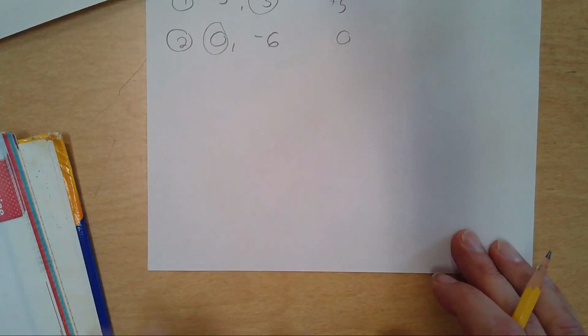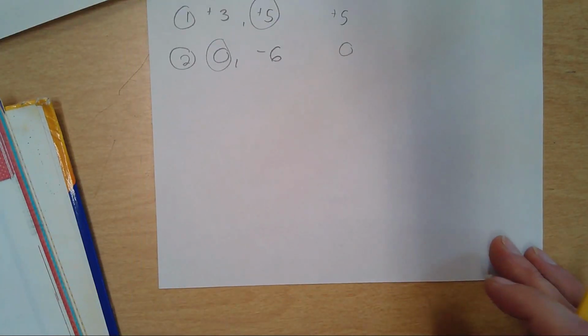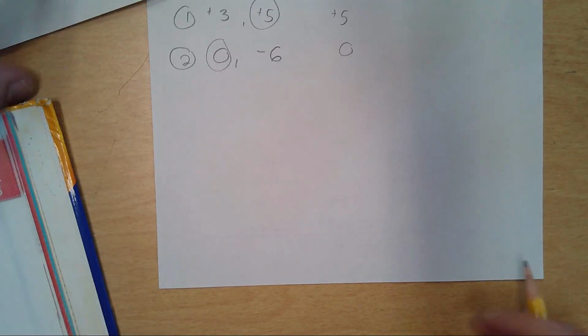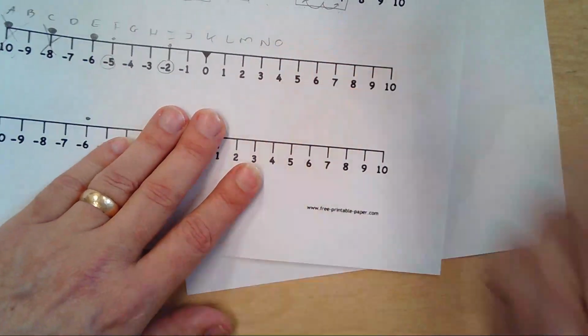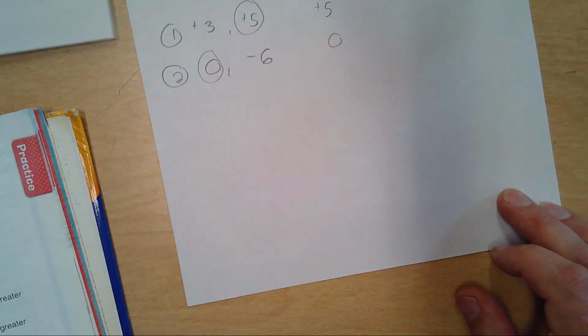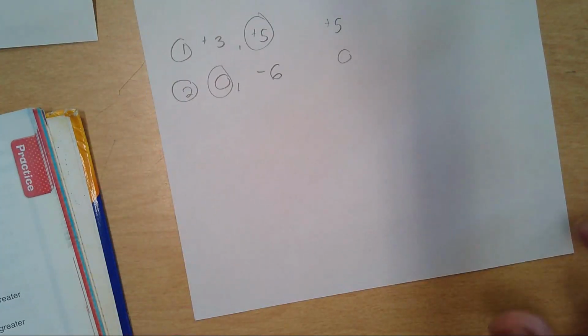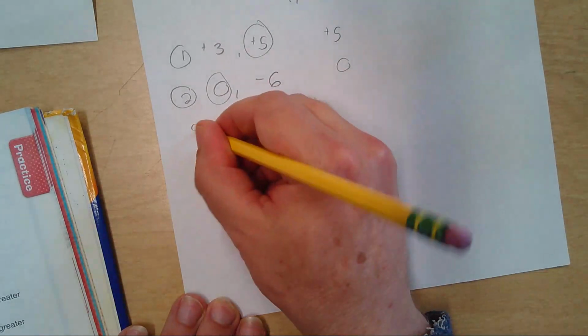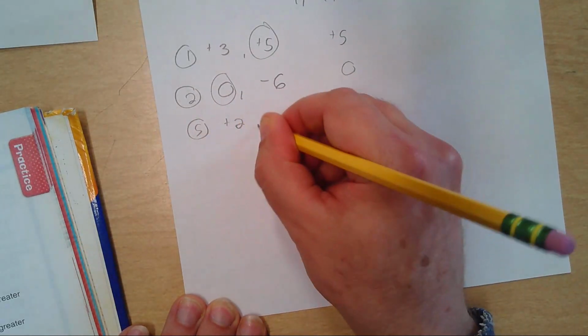I'll give you 4 of them to try here. Feel free to use your number line. Again, you can plot the points visually if it helps you. That's what it's there for. That's why I gave it to you. So I'll give you 4 of them to try. Number 5, +2, -2.